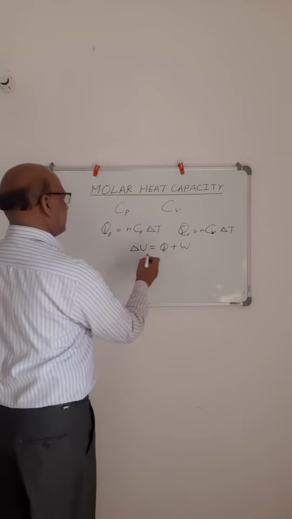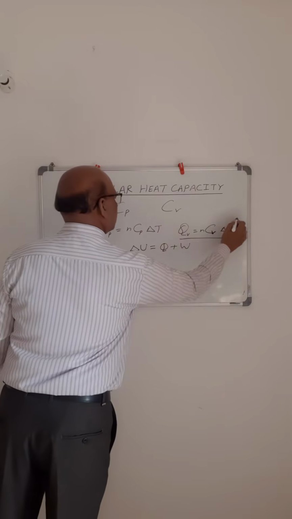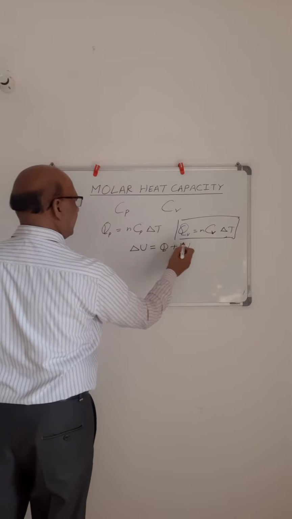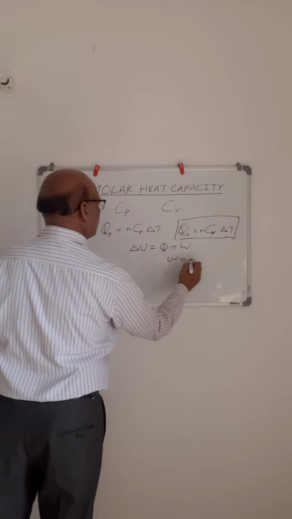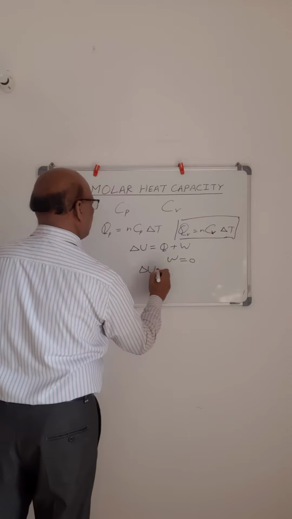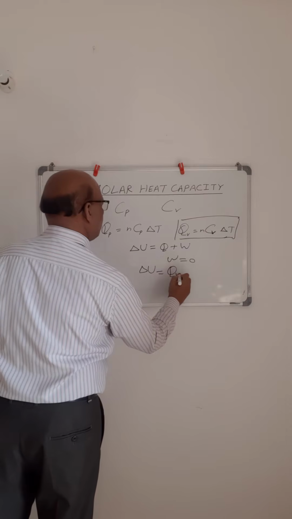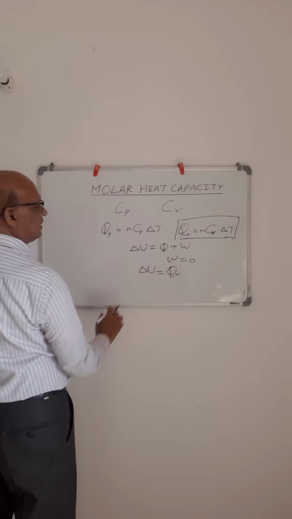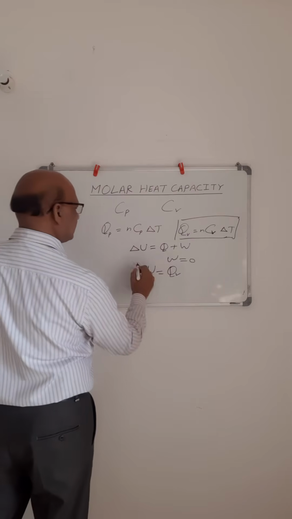Suppose I carry out the process at constant volume. Then at constant volume, work done is 0. So I can write delta U equal to Qv, that is, heat supplied at constant volume equals the increase in internal energy of the gas.